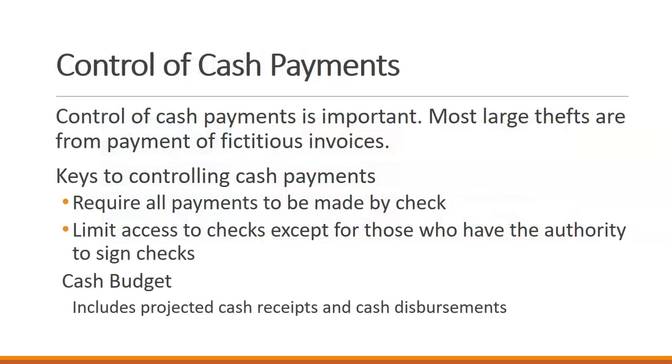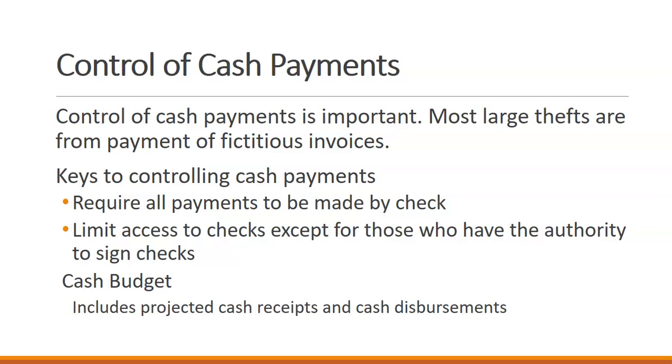Control of cash payments is very important because most theft happens when we have cash payments. And many large thefts are from payments of fictitious invoices. So we want to, one, require that all payments are made by check. Limit access to checks except for those who have the authority to sign checks.